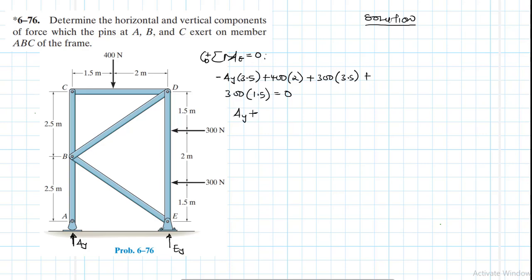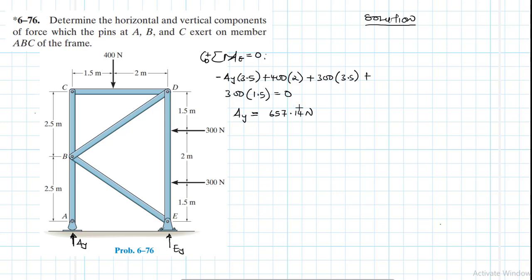So AY therefore is going to be equal to, let's grab our calculators, 400 by 2 plus 300 by 3.5 plus 300 by 1.5, then divided by 3.5. So we have 657.14 newtons.